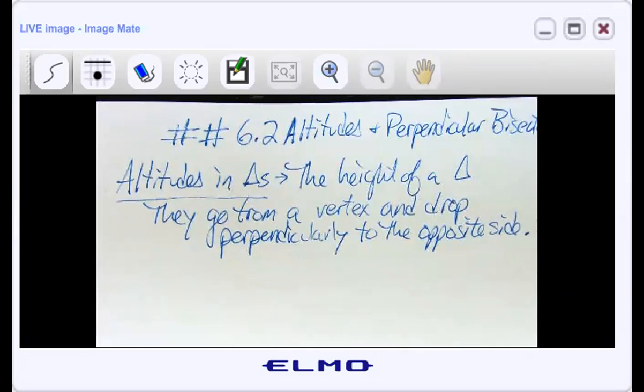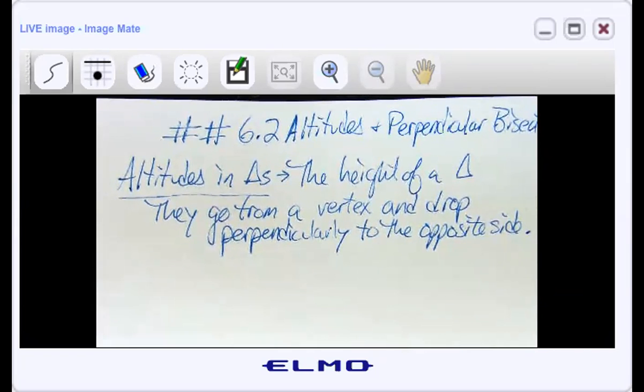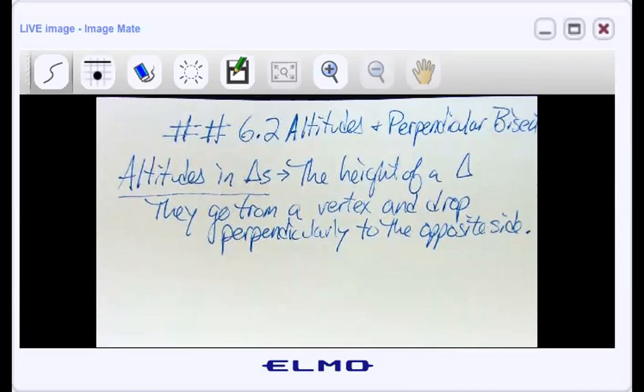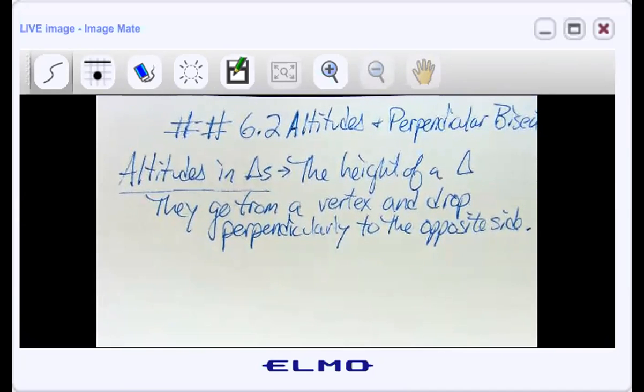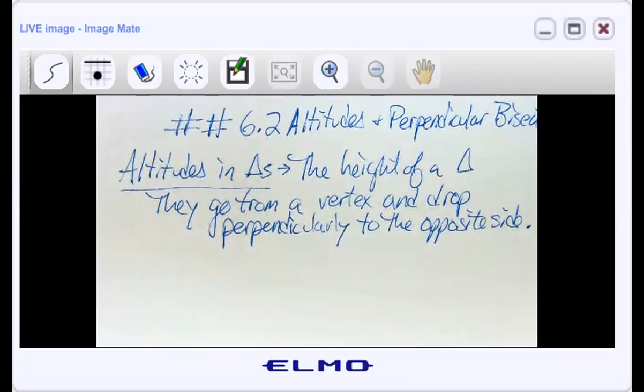And they're going to look a little bit different depending on what kind of triangle you're looking at and what vertex you are dropping down from. But every triangle has a height, or an altitude, I should say. You can draw an altitude from any vertex in any triangle. And I'm going to show you how.